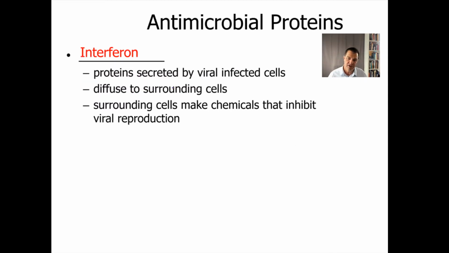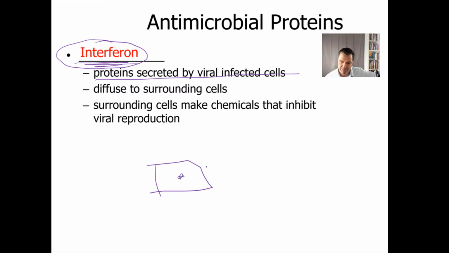And interferon. Interferon is a protein that is produced by virus-infected cells. We use this a lot now in different kinds of treatment for viral diseases. What interferon does is, let's say you have this cell here, and it gets infected by a virus.